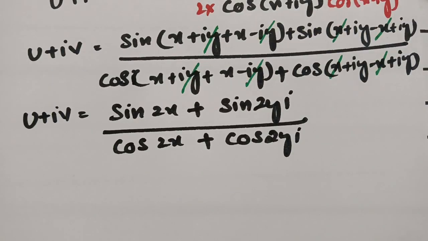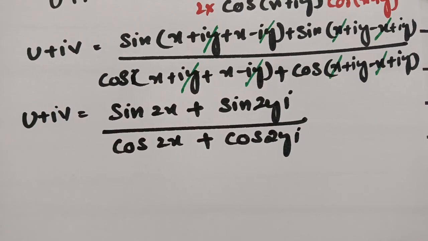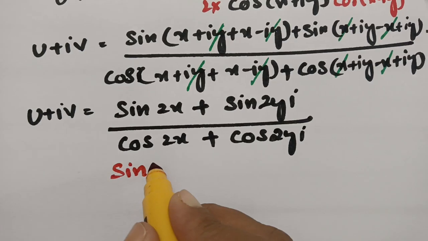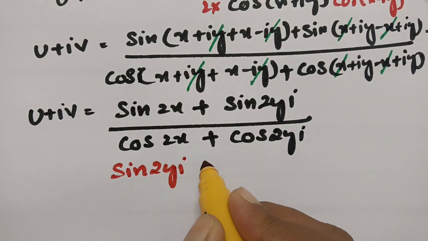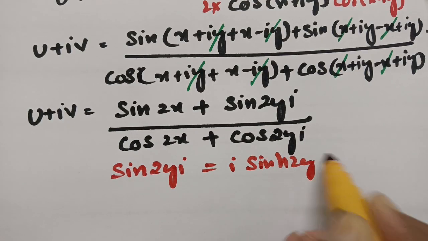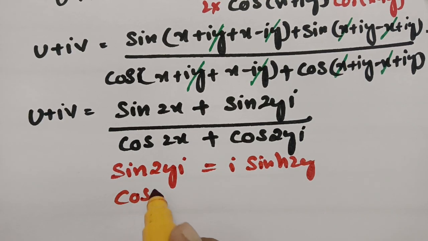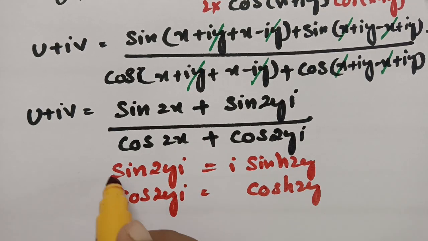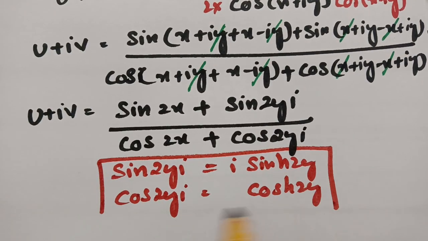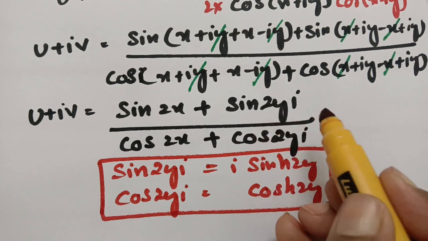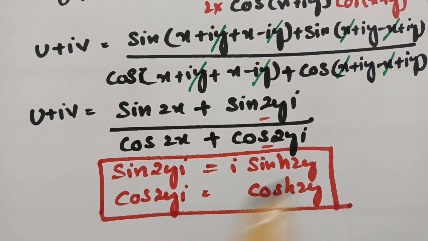We have another formula here, as everybody knows, that sine 2iy can be written as i times sinh 2y, and cos 2iy can be written with no i, so we have to shift it to hyperbolic functions. Both the formulas I am going to substitute here. So there are two i's here.